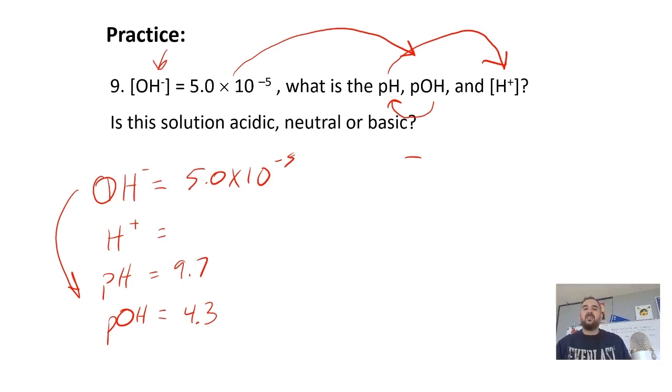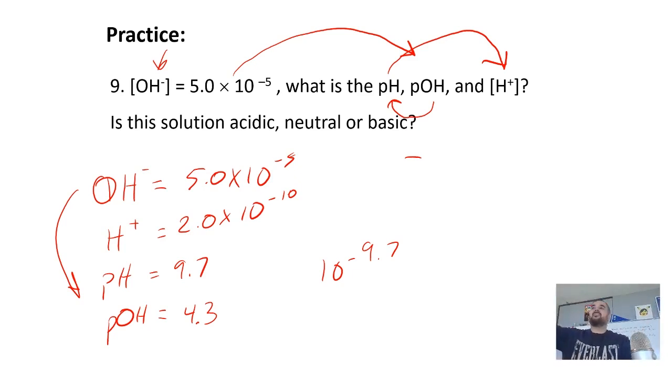And then once you have 9.7, you do 10 to the power of negative pH, so 10 to the power of negative 9.7. And you should have got 1.99 or 2.0 times 10 to the power of minus 10. If you got 1.9, that's okay, but rounded correctly, it would be 2.0. Any questions?